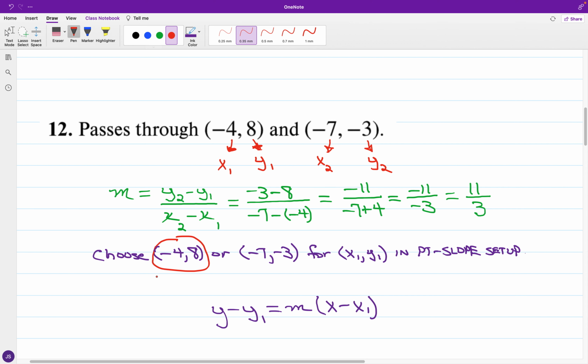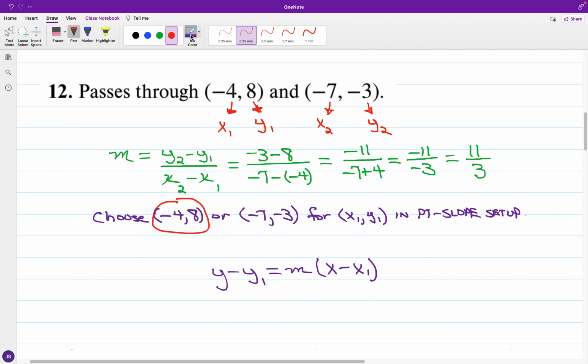Okay. So if I choose (-4, 8), I'm going to say I have y minus 8 is equal to the slope m, and we determined that to be 11/3, times the quantity of x minus x of 1, and x of 1 we have at -4.